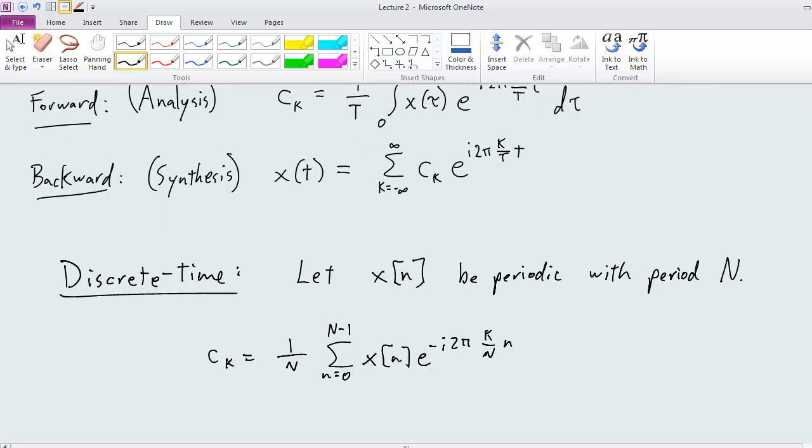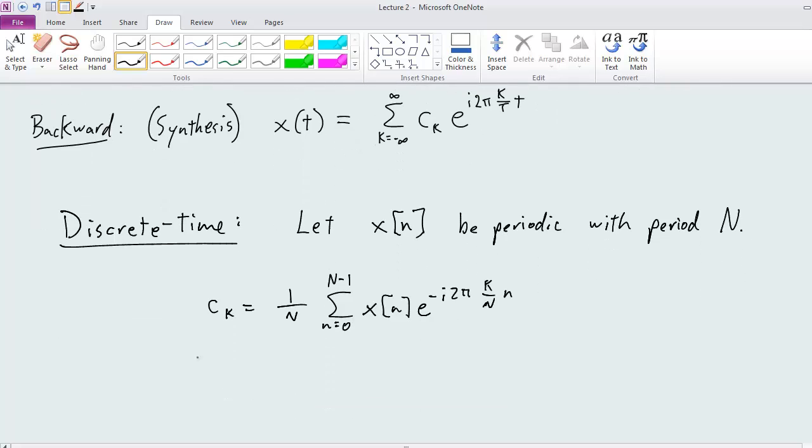Okay, same thing with a sum instead of an integral. And then to reconstitute it, this is where there's a slight difference. x of n is going to be a sum. It's going to look almost exactly the same. The only difference is, I'll tell you the difference in a second.